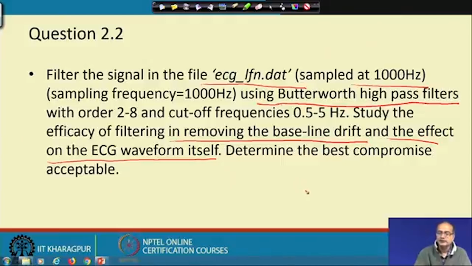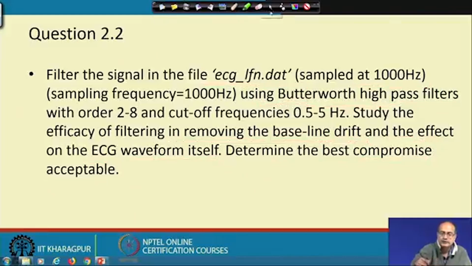Okay. And we need to find out the best acceptable compromise. That means, where we get the best amount of reduction, and at the same time the least distortion in the signal waveform.